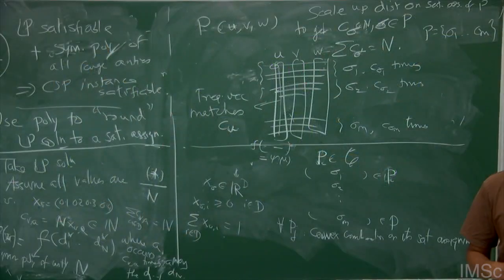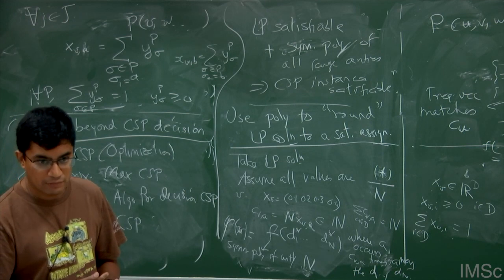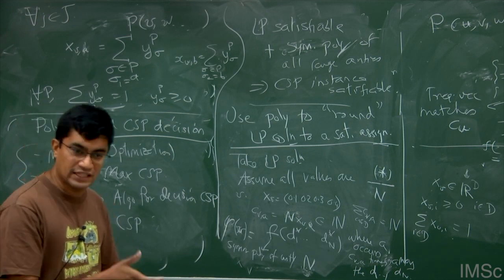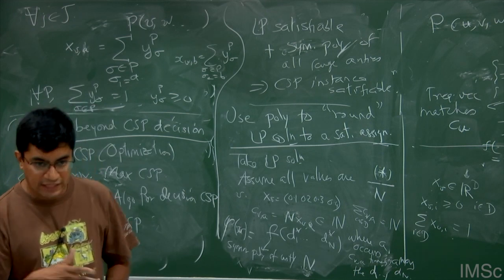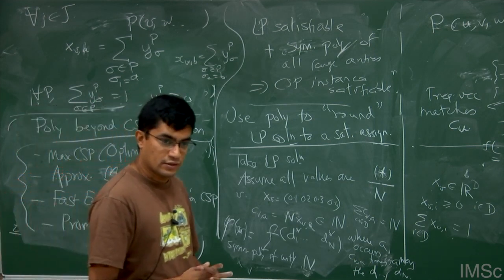Can you break this further into things which are in log space and things which are harder than log space? Can the tractability be refined? Yes, there is. I'm not very conversant on this, but if you look at the survey, polymorphisms and how to use them, they have conjectures on what things are in NL, what things are in L, and all that. So you go further beyond this structure.